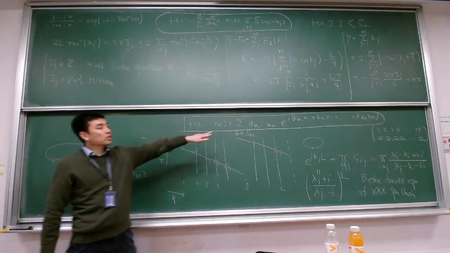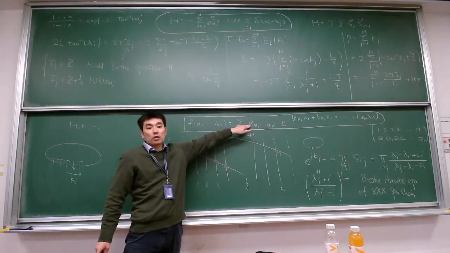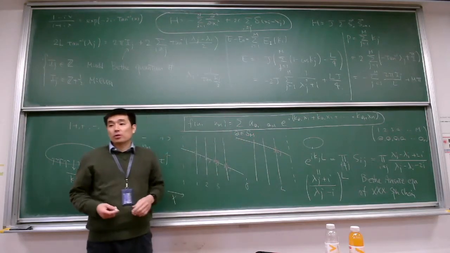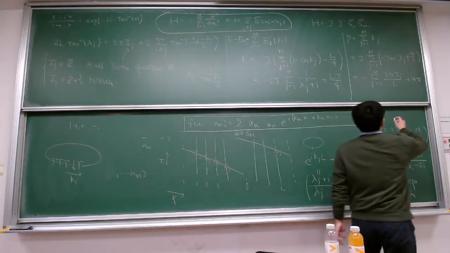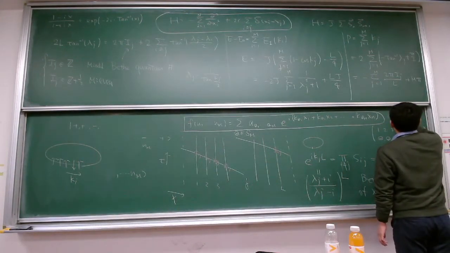Then you have some amplitudes, and the ratio of amplitudes will give you the S matrix. So this is the coordinate Bethe ansatz.